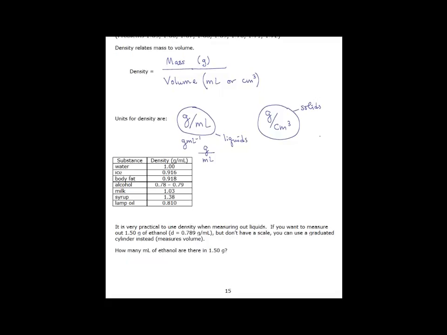So here are typical densities. Water has a density of 1 gram per milliliter, whereas ice has a density of 0.916. So ice floats. Why? Because it has a lower density than water.